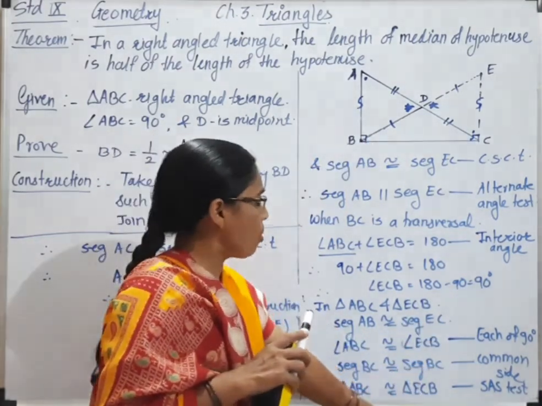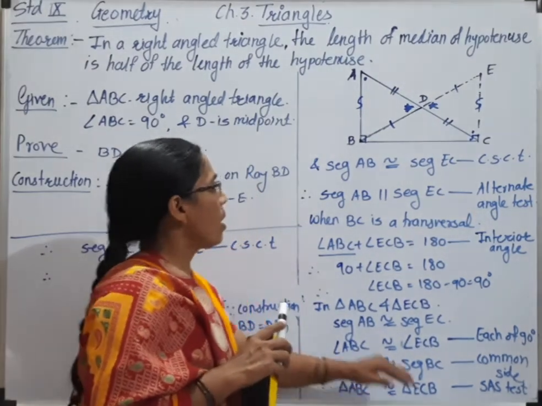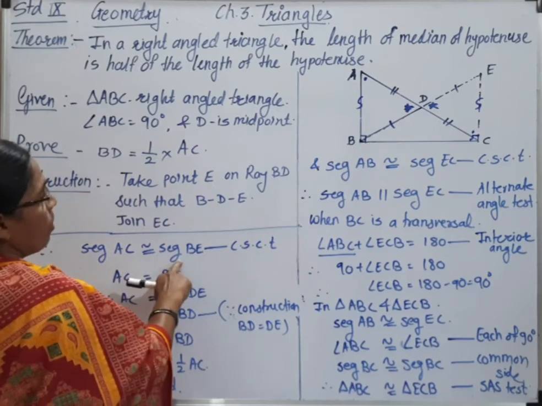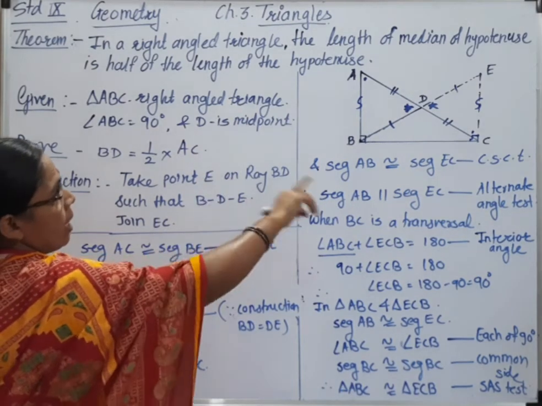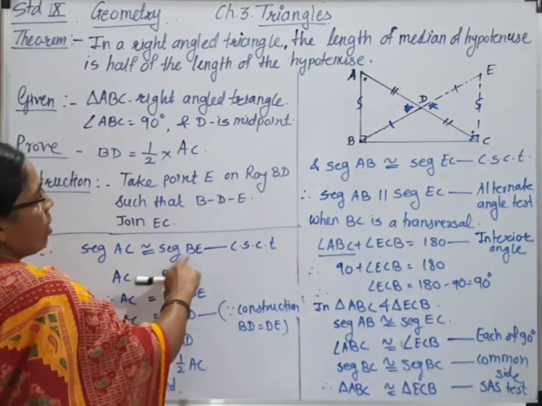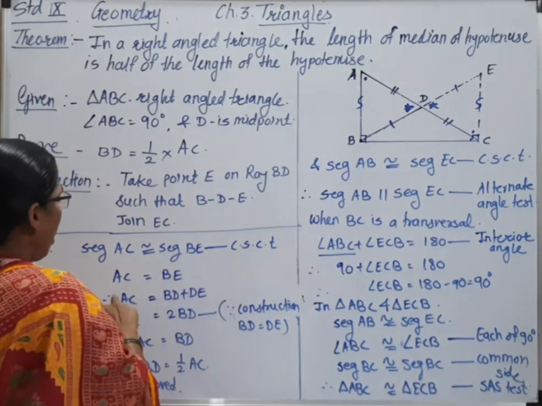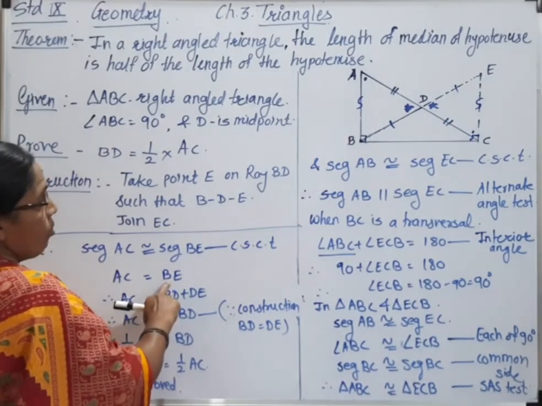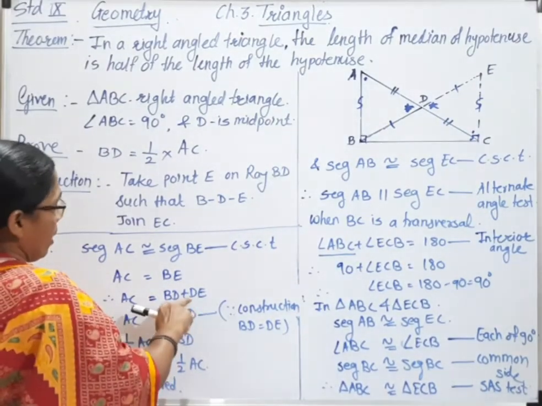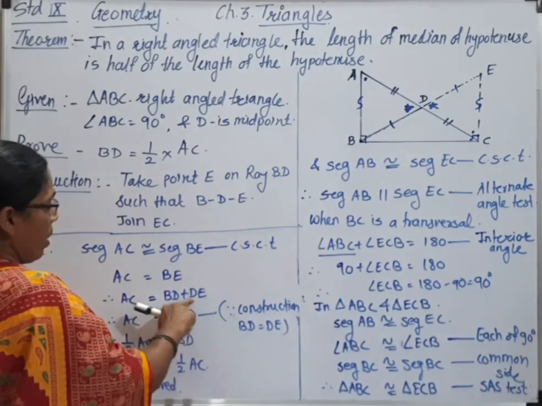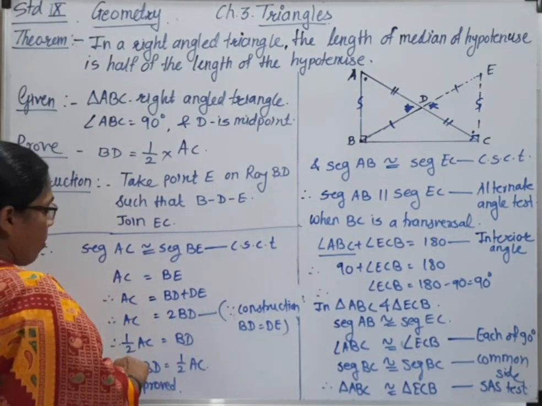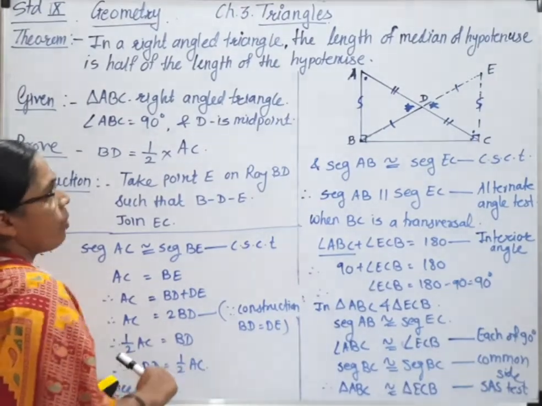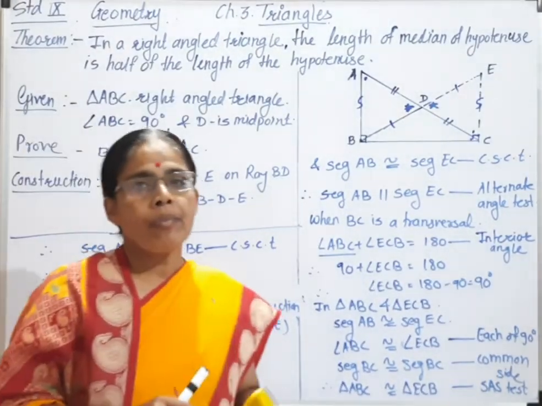After showing that, you can take segment AC and segment BE, which are the corresponding sides of congruent triangles, and therefore AC is equal to BE. As we know, BE is equal to BD plus DE, and BD and DE both are equal, as taken in the construction. Therefore AC is equal to 2BD and BD is equal to half of AC, which is the median being half of the hypotenuse.